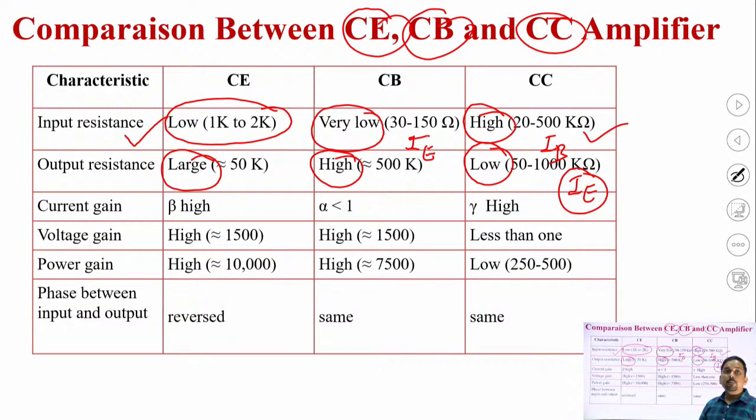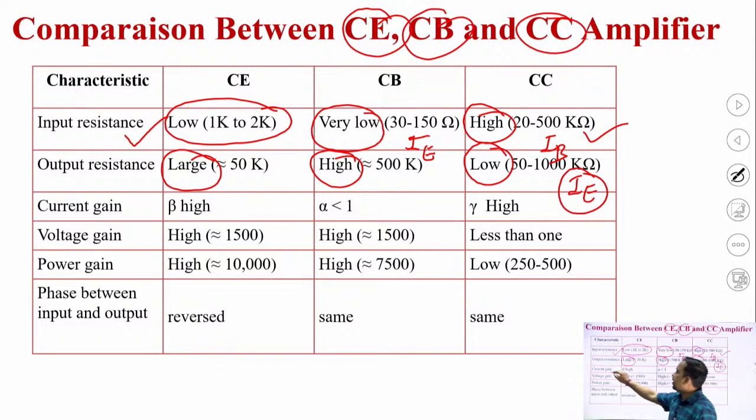IE is the highest current in all three, so naturally the resistance will be very low. Whereas for the common base configuration, the order is around 500 kilo ohms.